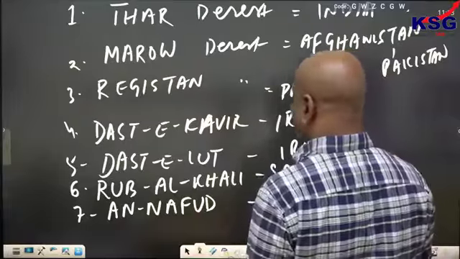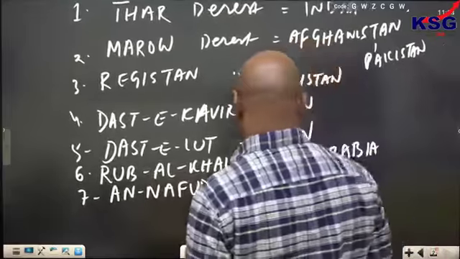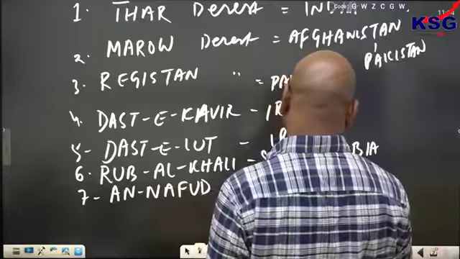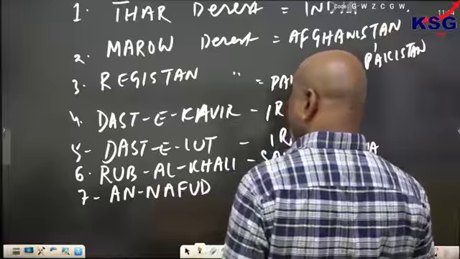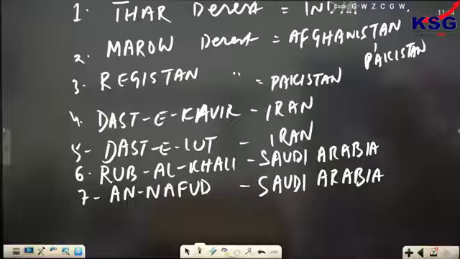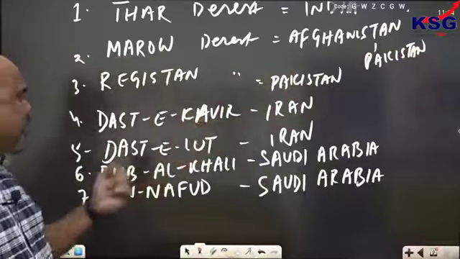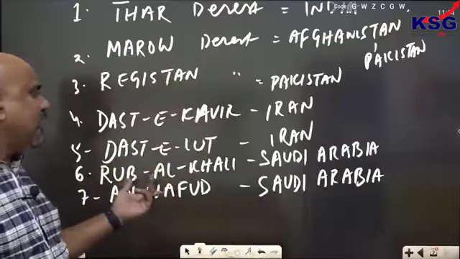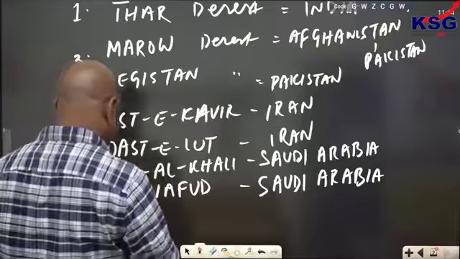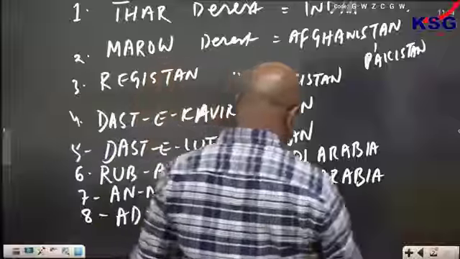Sorry, I said Dast-e-Kabir is in Iran, Dast-e-Lut is in Iran, Rub al-Khali is in Saudi Arabia, and Nafud is in Saudi Arabia. Ad-Dahna is also in Saudi Arabia.